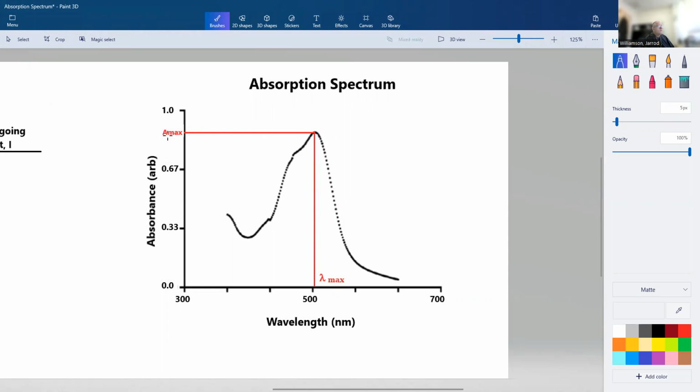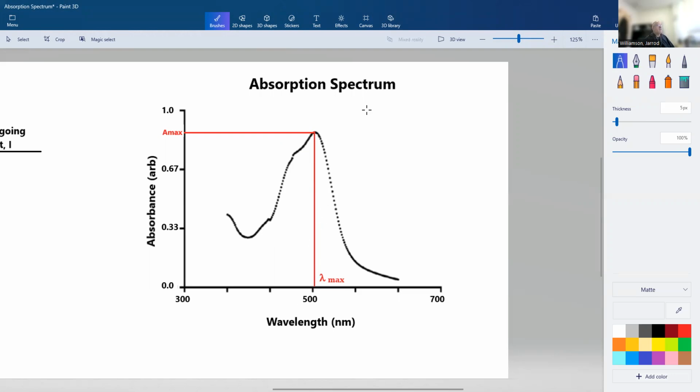In this case, my highest absorption value looks like about 0.85 or 0.9 or so, and the wavelength associated with that looks like it's just a little bit over 500 nanometers.